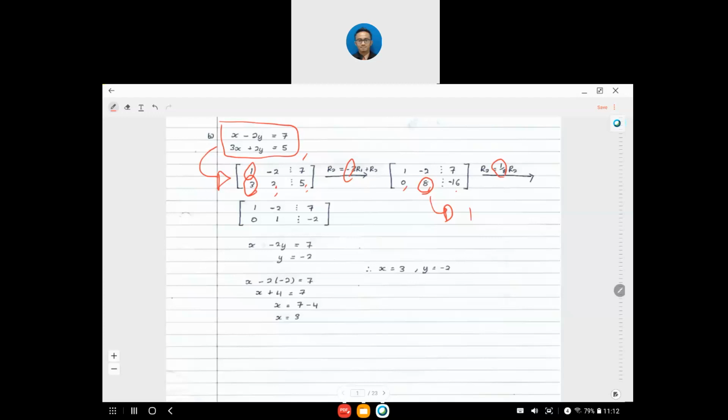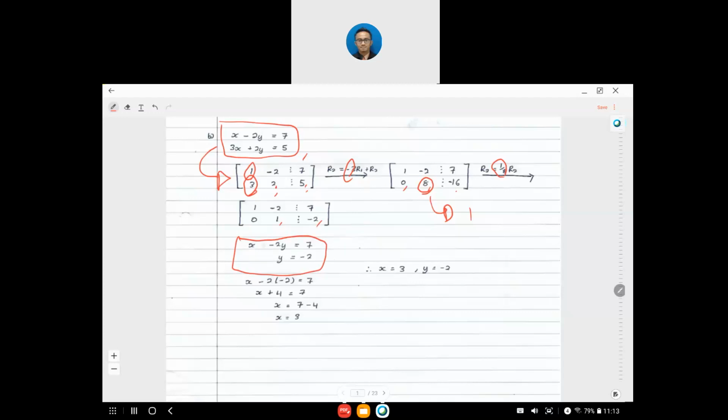After you multiply by 1 over 8, you get 1, and -16 times 1 over 8 is -2. And then again, copy back in terms of equations. So you get x minus 2y equal to 7, and the last one, y equal to -2.